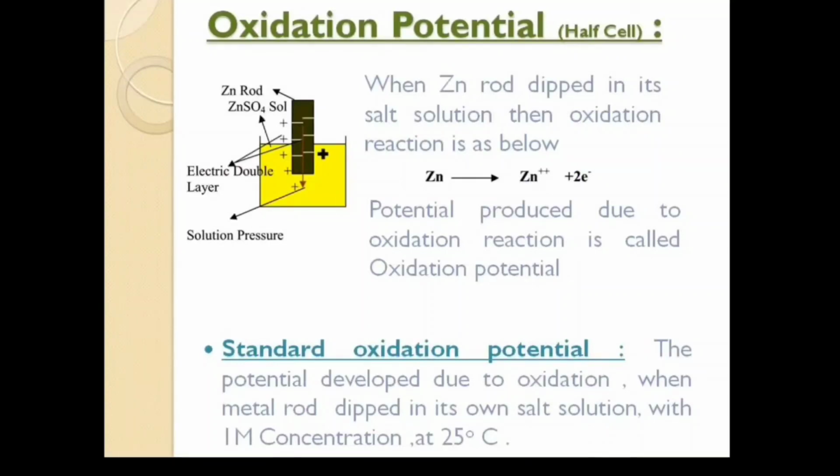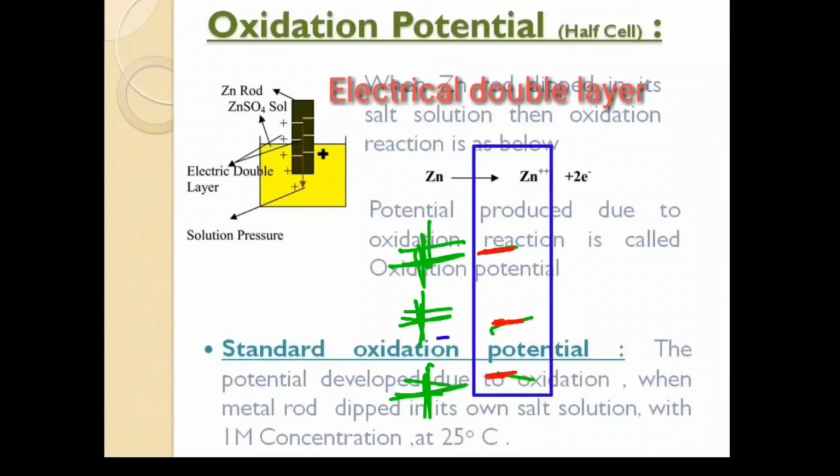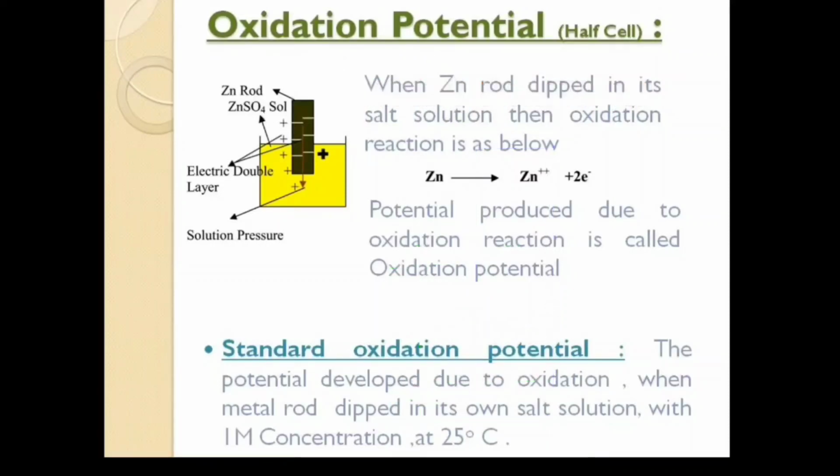So in solution, positive charge is present, whereas on the rod, negative charge is present. So there is a formation of electrical double layer. Now since this double layer is formed due to oxidation reaction, that is Zn gives Zn2+ plus 2 electrons, the potential produced here is known as oxidation potential.